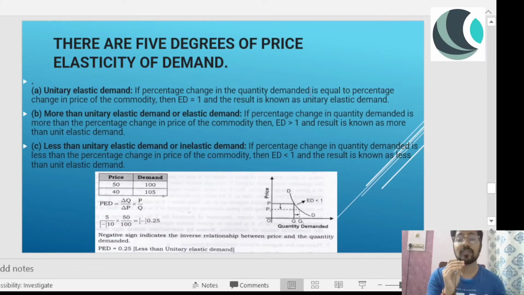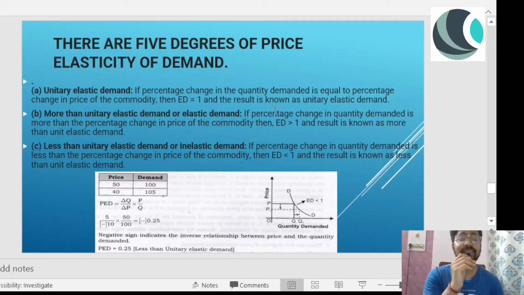So the percentage change in quantity demanded has increased by 20 and the change in price is rupees 10. Then we will get an elastic demand. So percentage change in quantity demanded is more than percentage change in price, then elasticity of demand is greater than 1 and the result is known as more than unit elastic demand. So we can say this as elastic demand as well.